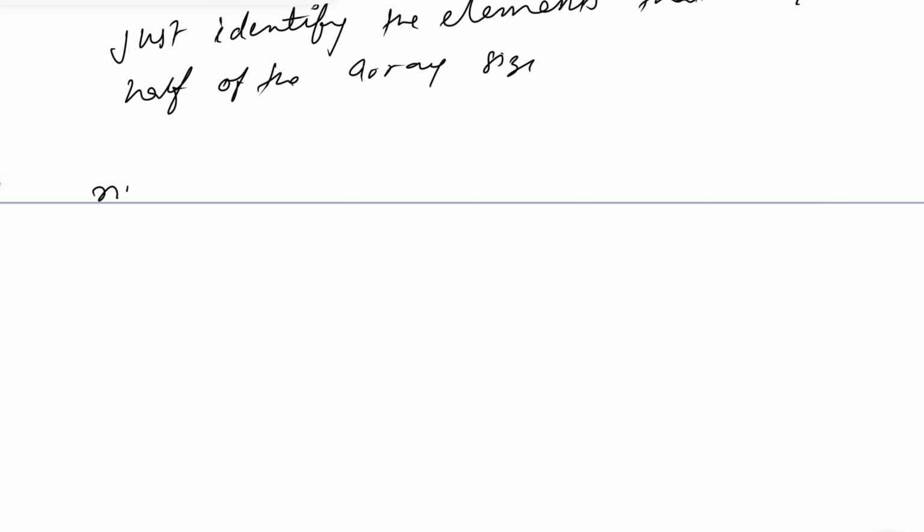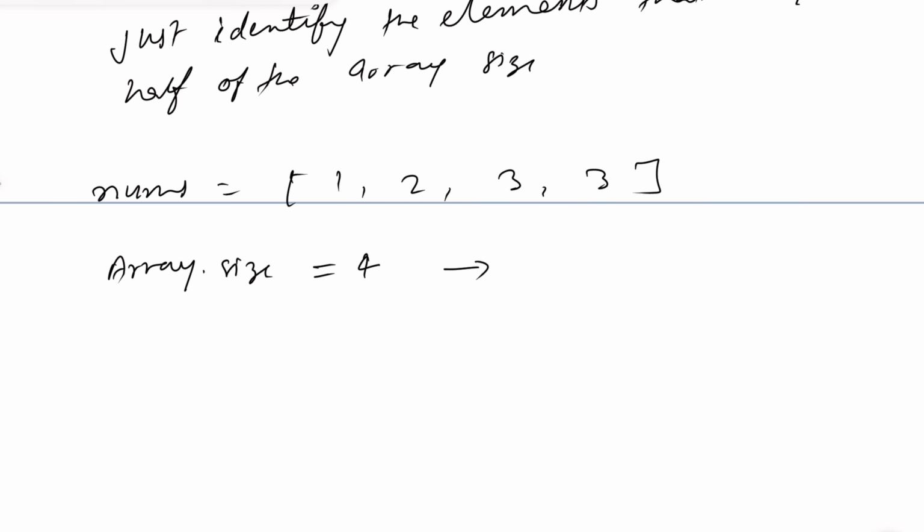So can I say that if we have nums, let's suppose it is 1, 2, 3 and 3. What is the array size? We'll say array.size, which is nothing but 4, correct? So can I say n equal to 2. As simple as that.